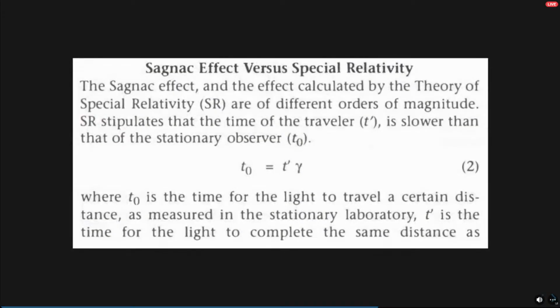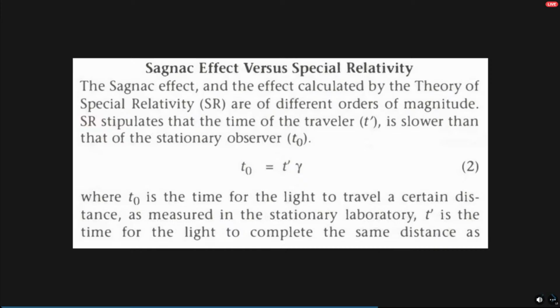Special relativity stipulates that the time of a traveler, t prime, is slower than that of the stationary observer, time naught. So time naught is equal to t prime times gamma, and that's your gamma correction. So that's going to be your length contraction, time dilation correction. That'll give you the amount of time difference between the inertial observer and the non-inertial observer.